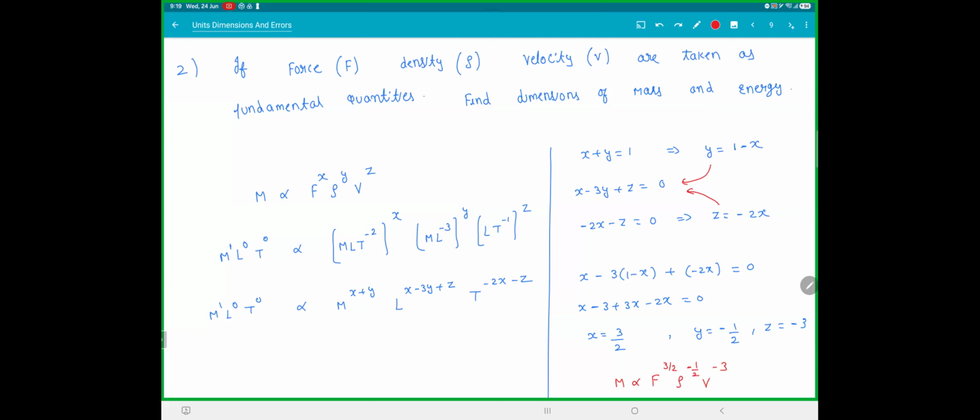You can just give me the X, Y, Z values. Okay.